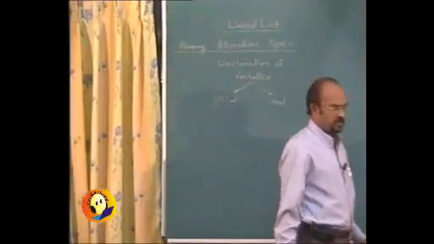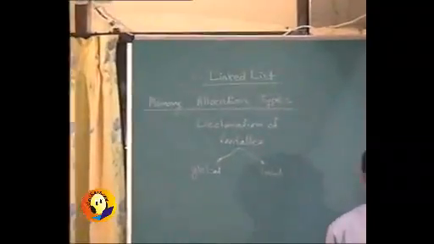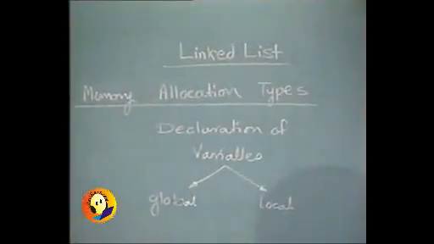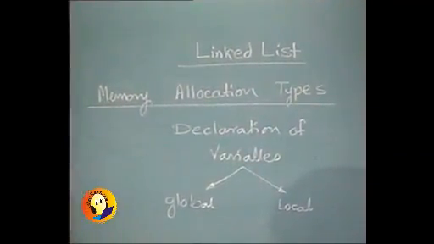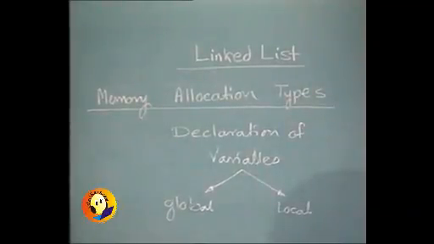What is the difference? Where do you declare the global variables? Above main, starting. Give me the precise answer.